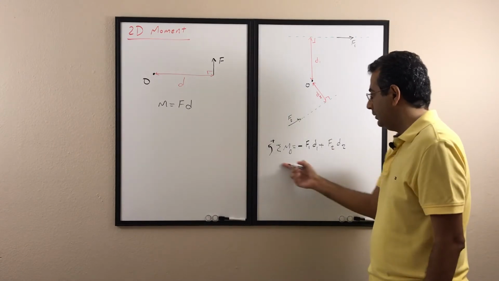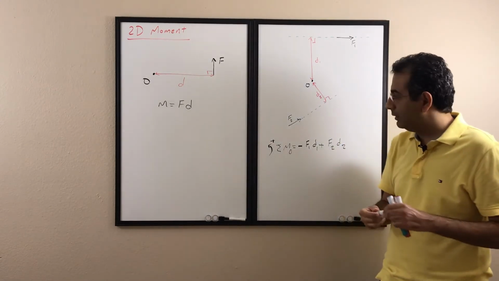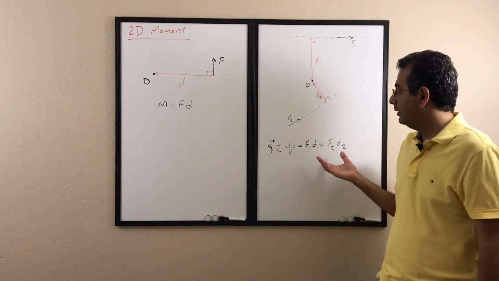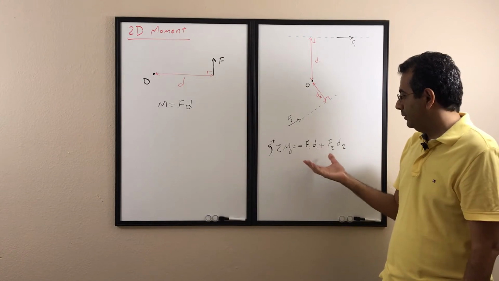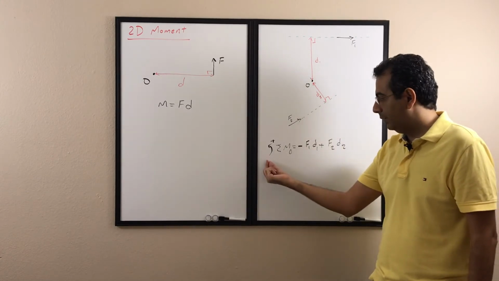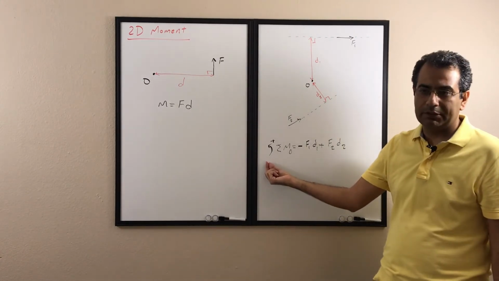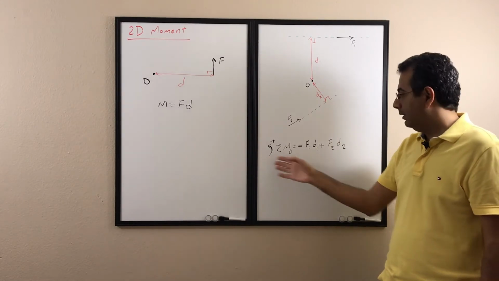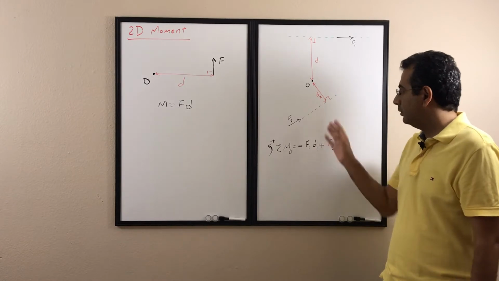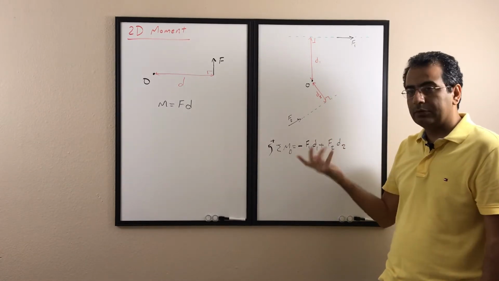So this is how we add them in 2D or scalar format for the moment. Remember, just assume a positive direction, like here I chose counterclockwise, and then add all the moments together based on the rotation direction.